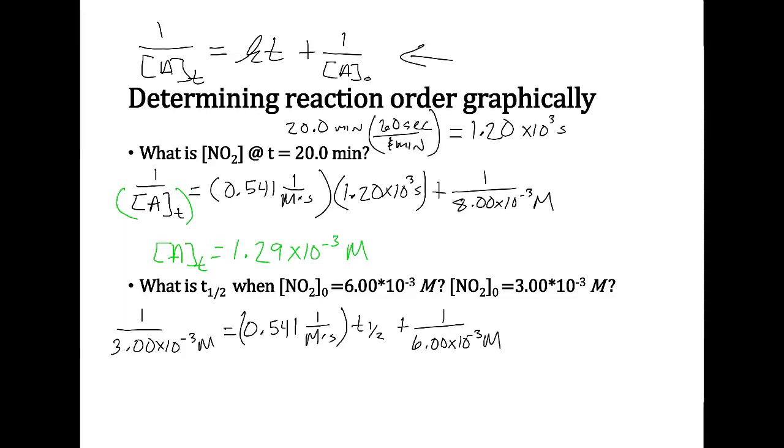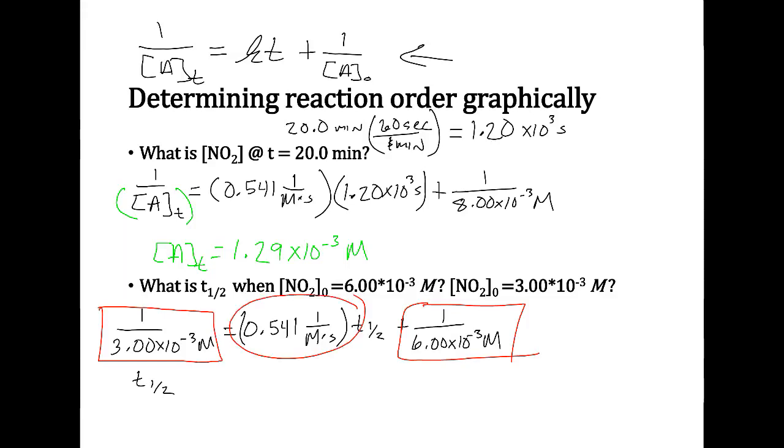So going through and solving for t sub 1/2, for your order of operations you want to plug this into your calculator: 1 divided by 3 times 10 to the negative third, and then subtract this over, so minus the quantity of 1 divided by 6 times 10 to the negative third, and then finally you'll divide both sides by 0.541.